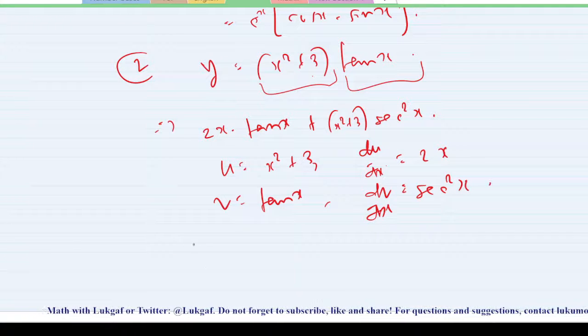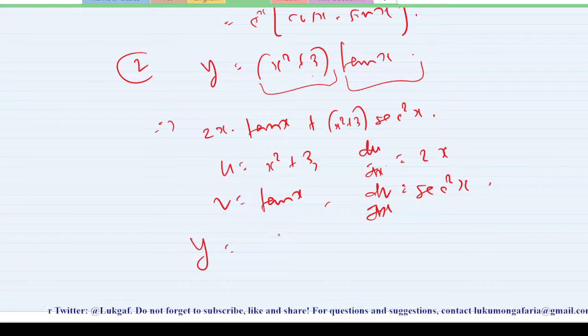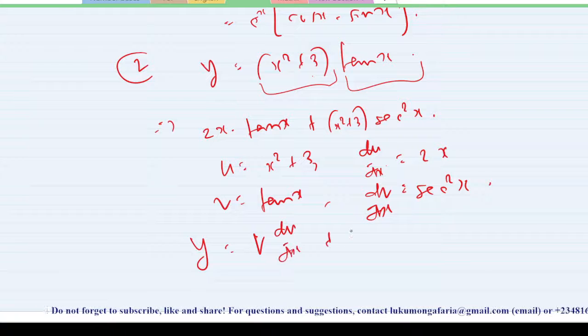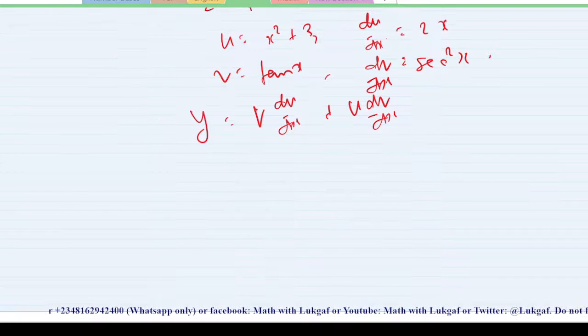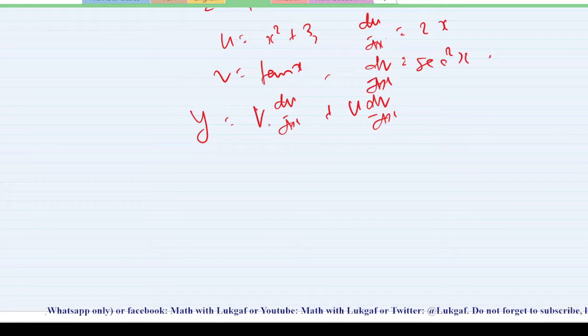Then you now substitute into your formula v du/dx plus u dv/dx. You don't need to memorize the formula. It's the same thing as differentiating the first, leave the second as it is, plus differentiating the second, leaving the first as it is, the main function.